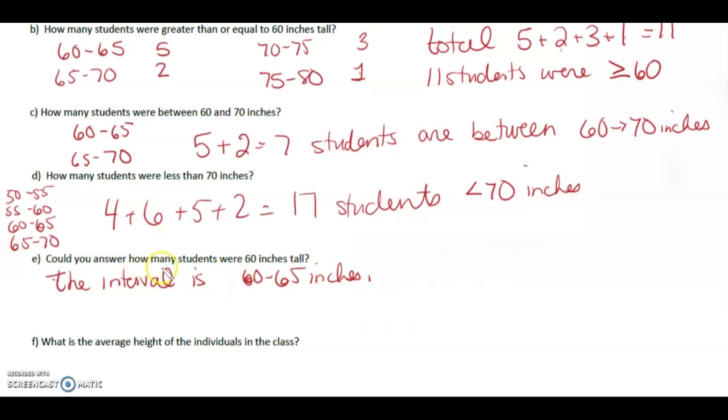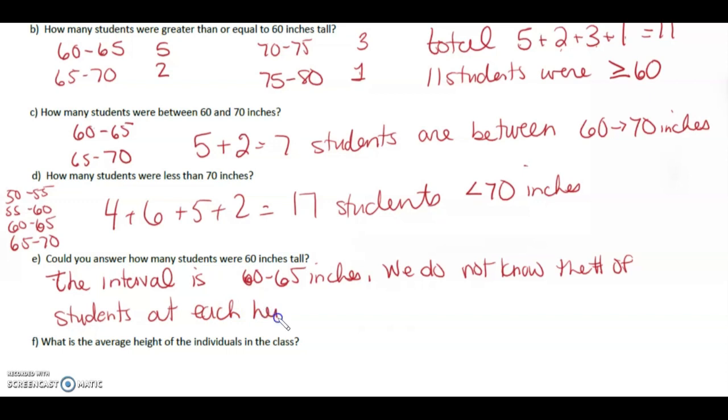So we don't know exactly how many were each height. So we do not know the number of students at each height. We only know the number of students in that interval.